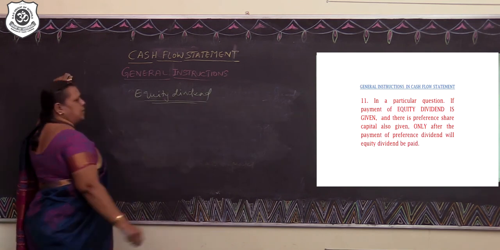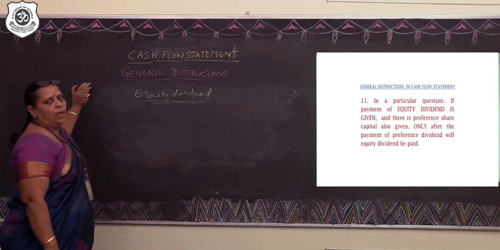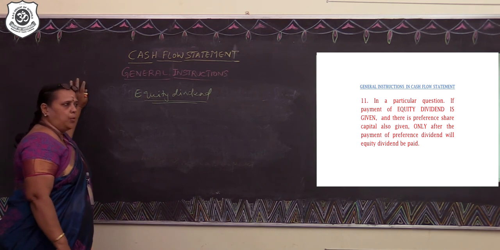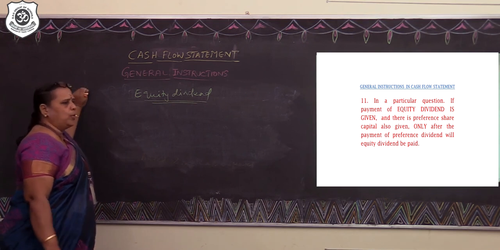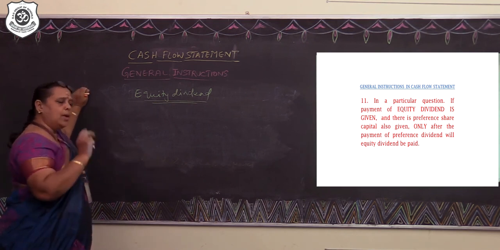In case in a question you are given information about equity dividend, suppose the information is very clear that the company has only equity shares, no problem at all, equity dividend will be paid.